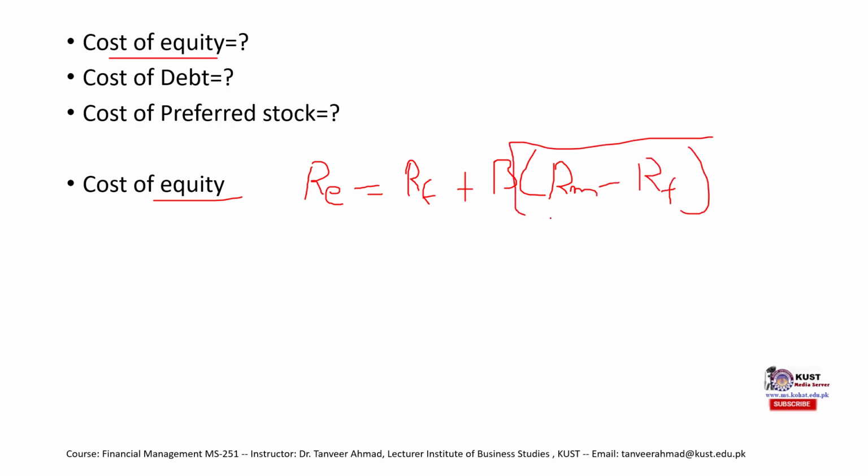Now this part of the formula, this RM minus RF, is called market risk premium. Okay, so what do we mean by this term? Let's say market return is 8% and the risk-free return is 4%.